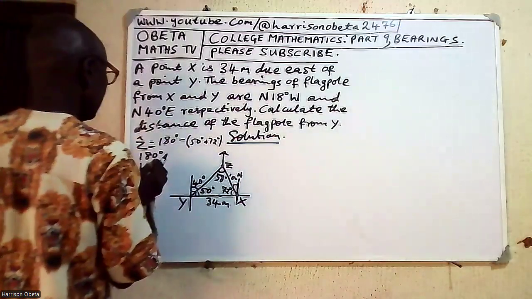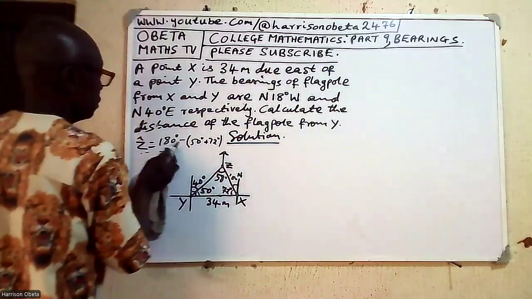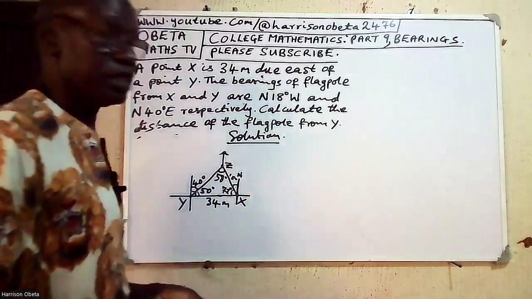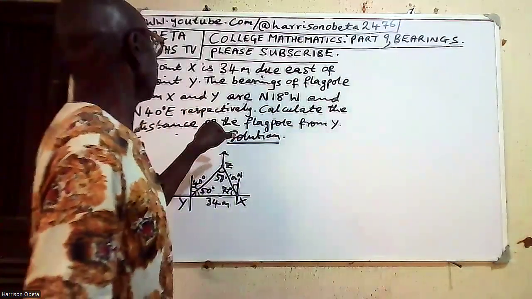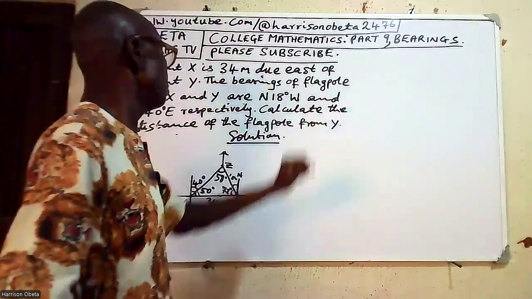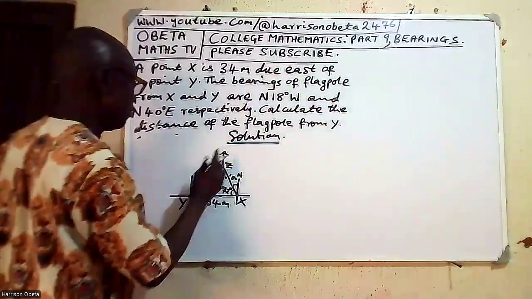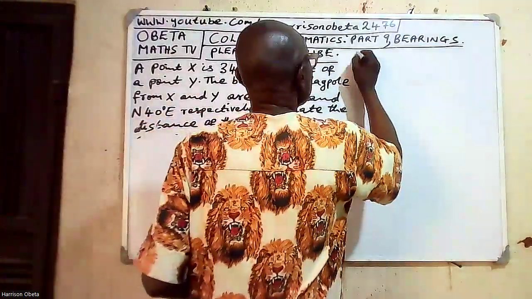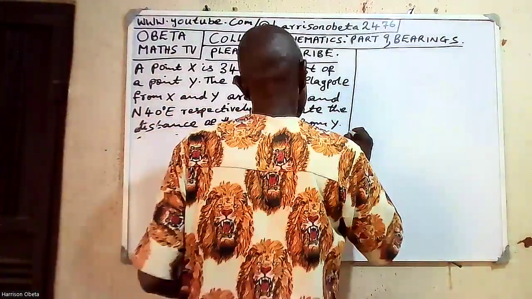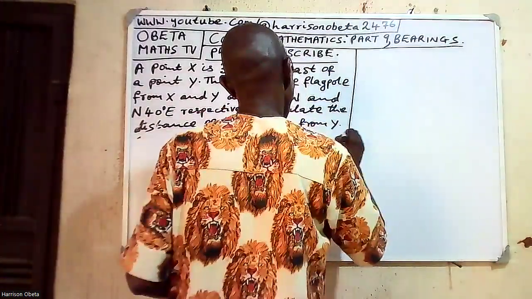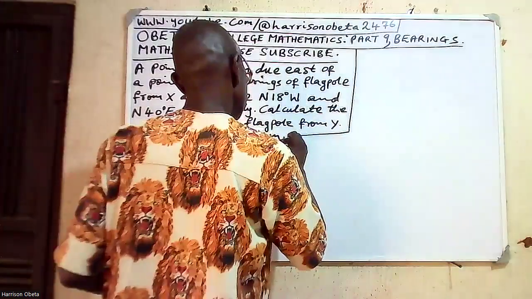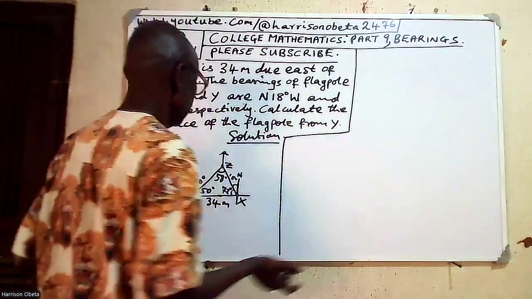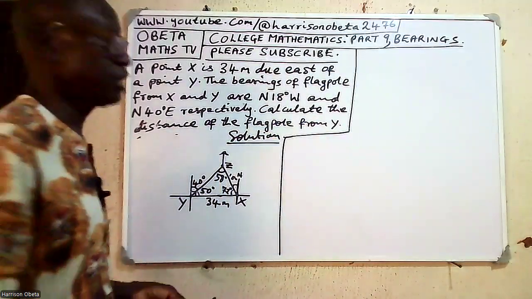But we are looking for the distance, calculate the distance of the flagpole from Y. That means we are looking for YZ. So we can continue from here. Since we have all the angles, we can use the sine rule.